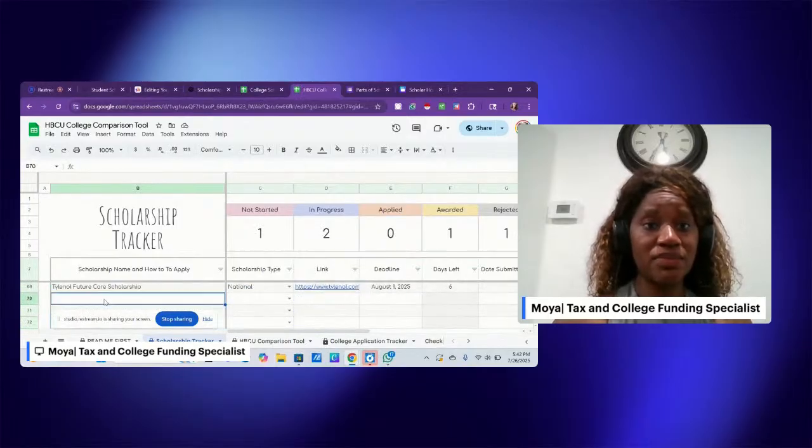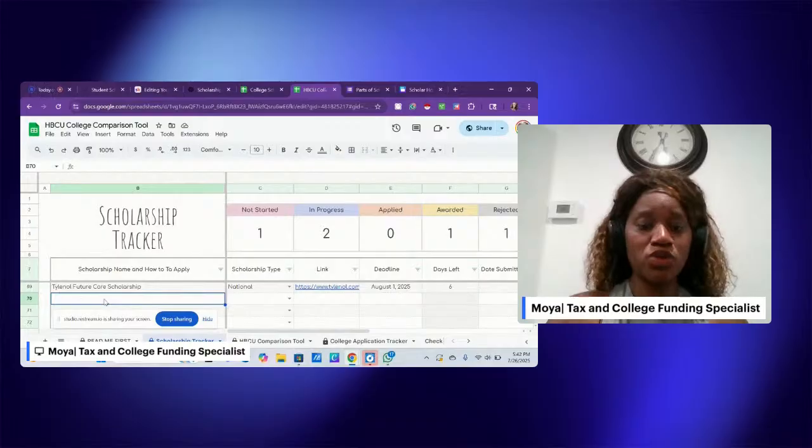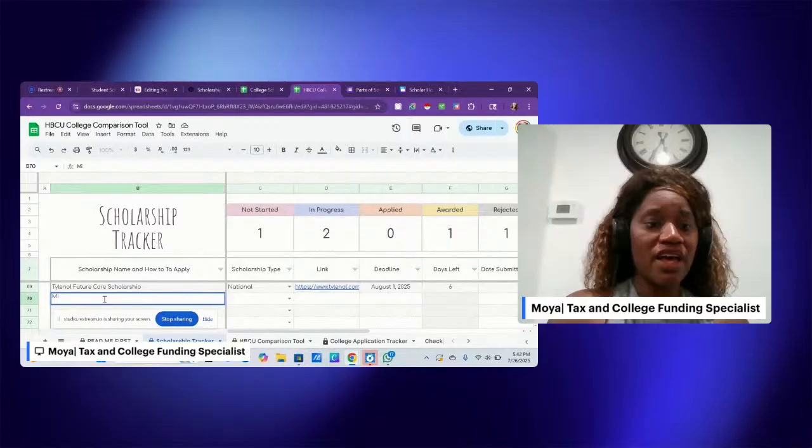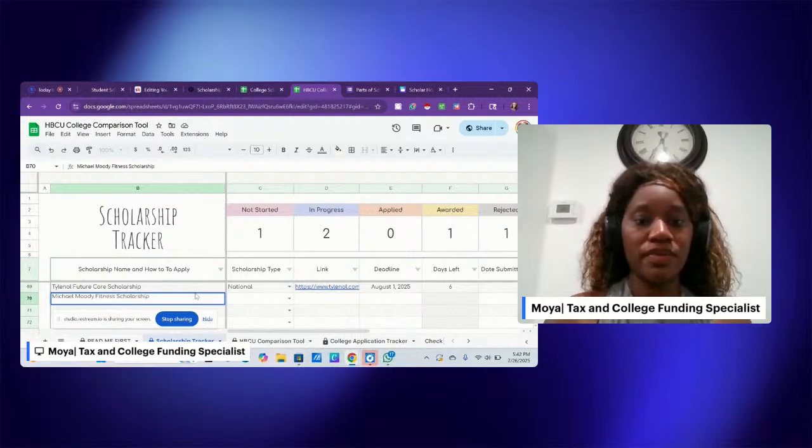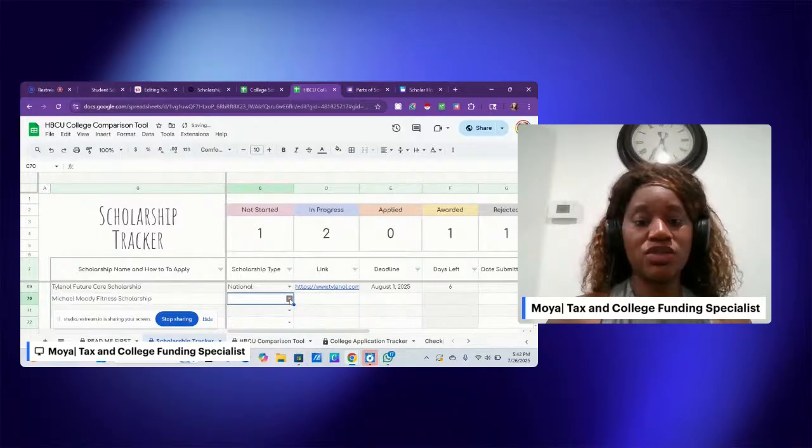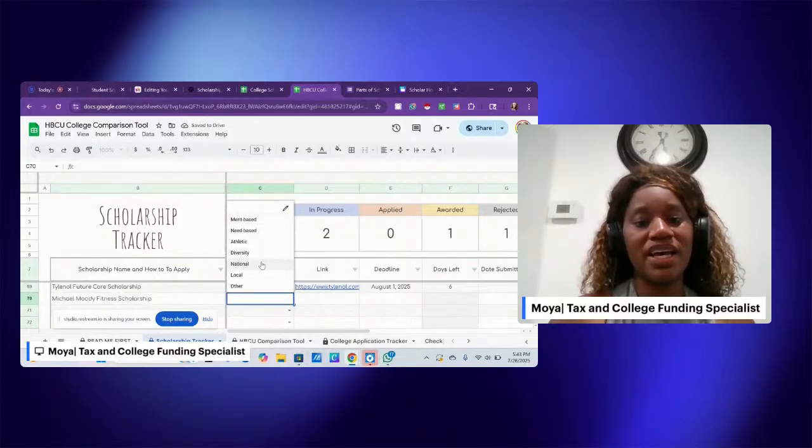I just know that this is my personal preference, but there are two scholarship tracks. The Michael Moody Fitness scholarship, and this one is national. So for example, there are some that are like California.